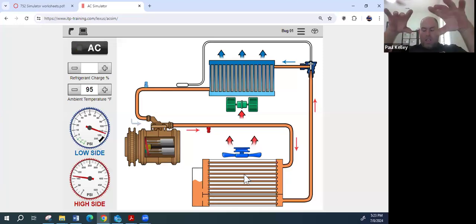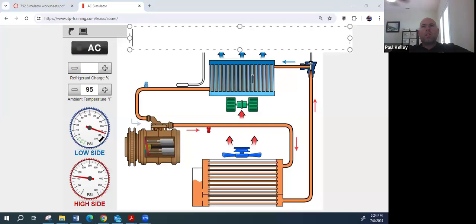If the clutch is not engaging, based on those diagnoses that we did together, what do you think are the possible causes? Let's go ahead and list them. List me the causes here. Anything that would cause the clutch not to engage.